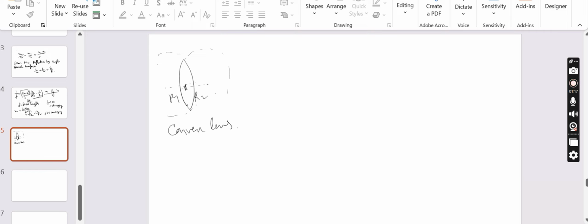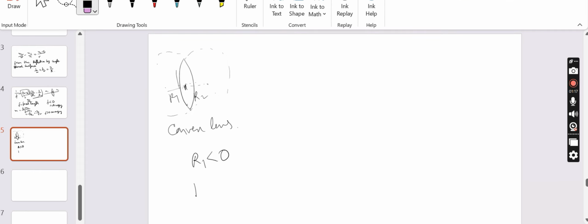From the lens middle point, even though this distance is from that to that, for a thin lens this distance is very minimal.